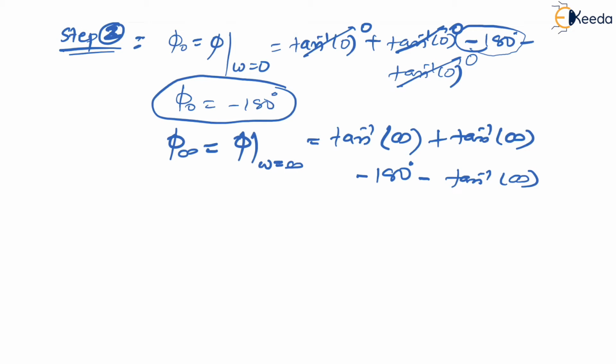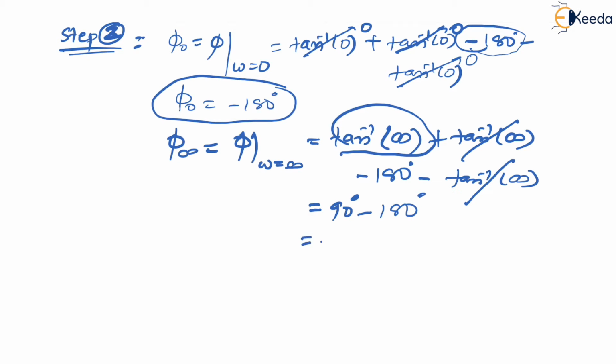Tan inverse of infinity is nothing but pi by 2, which is 90 degrees. So this tan inverse of infinity and this one get cancelled, right? The remaining tan inverse of infinity gives you 90 degrees, so you get 90 degrees minus 180 degrees, which is minus 90 degrees. So this is going to be phi infinity.